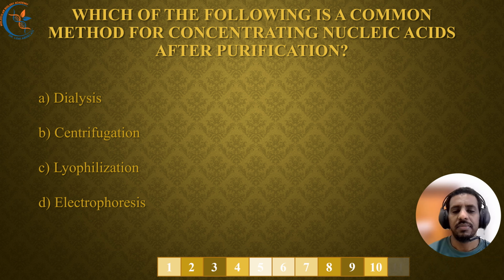Lyophilization, also called freeze drying, is a method used to concentrate nucleic acid. This process removes water from the sample by applying low temperature and pressure, which helps preserve the nucleic acid integrity. It ensures that the sample remains stable, making it easier to store or use for further analysis.